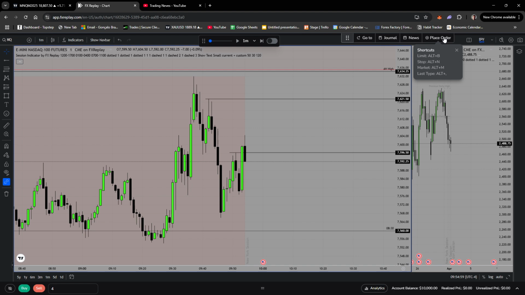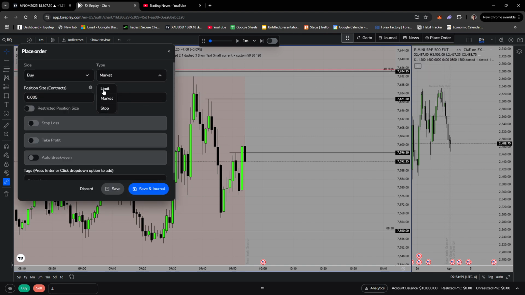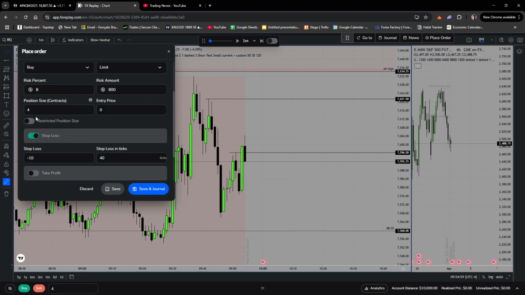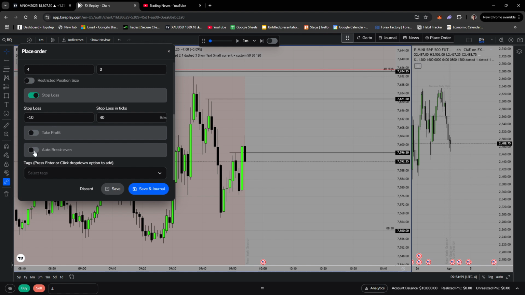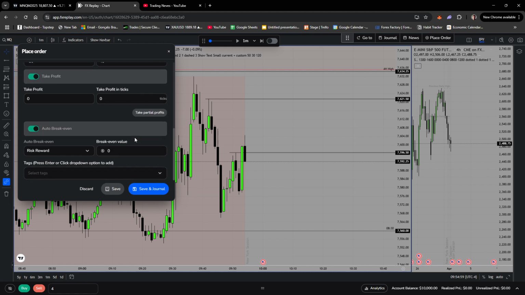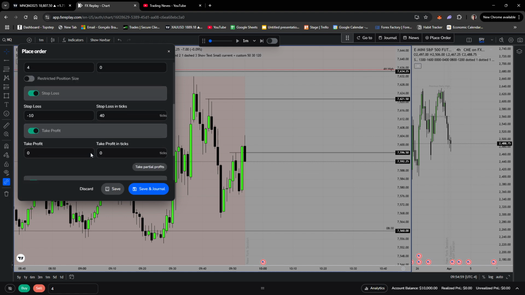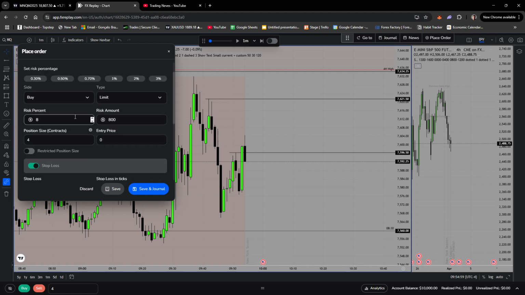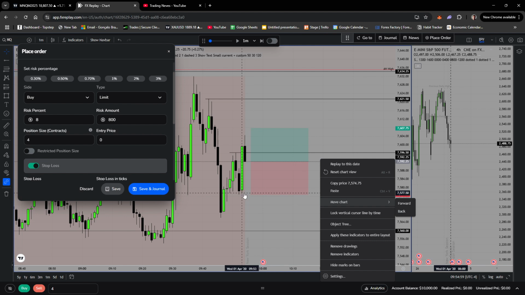So we're going to place a limit here. So let's go to place order. We're going to change this to limit. We want a stop loss. We want auto break even, and we want a take profit. Okay, that's what we want to see. So the actual entry, we want to risk 800 per trade as well. We're trading NQ. We want to make sure first we understand where's our stop loss. So the entry is going to be here.